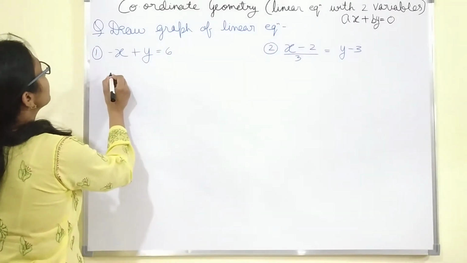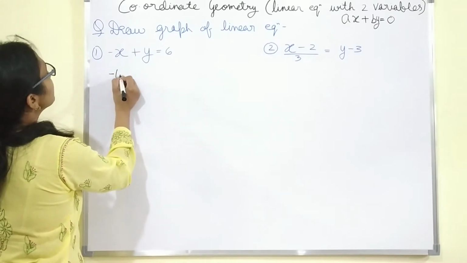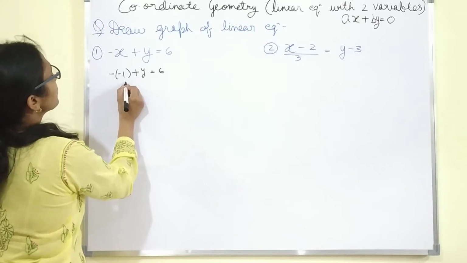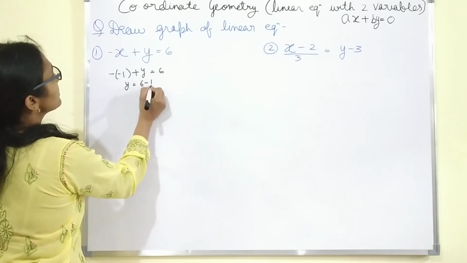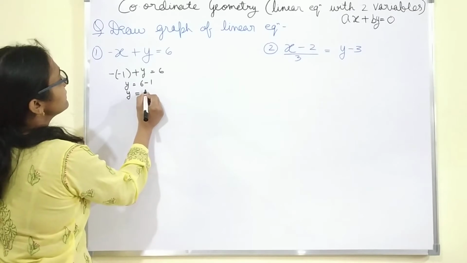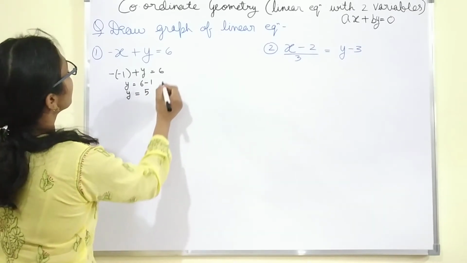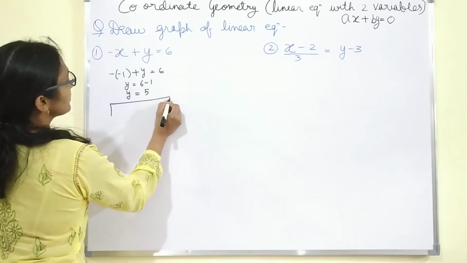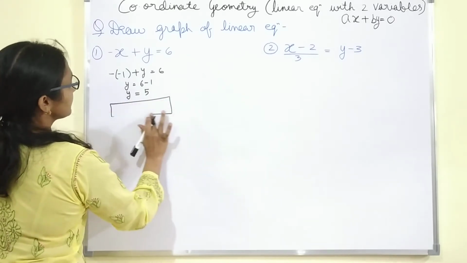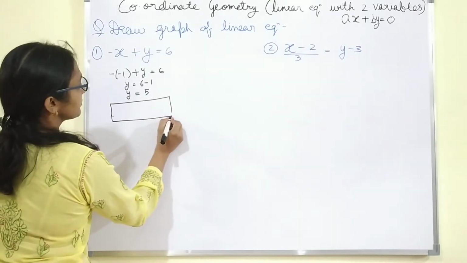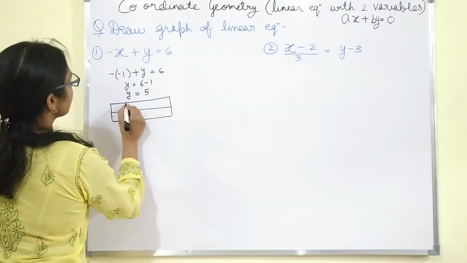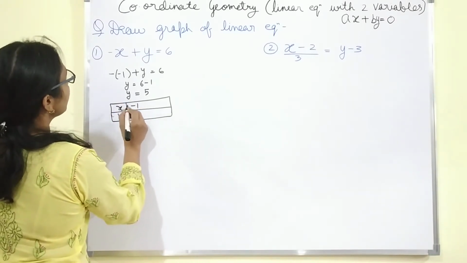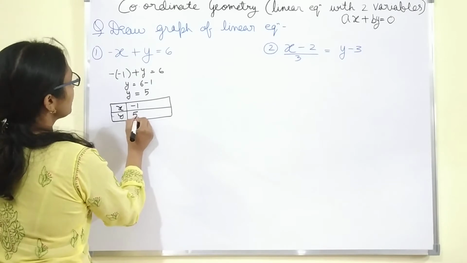So, I am taking x equals to minus 1. Minus 1 plus y equals to 6. So, y equals to 6 minus 1. So, value of y is 5. Value of x is minus 1, so y equals to 5.